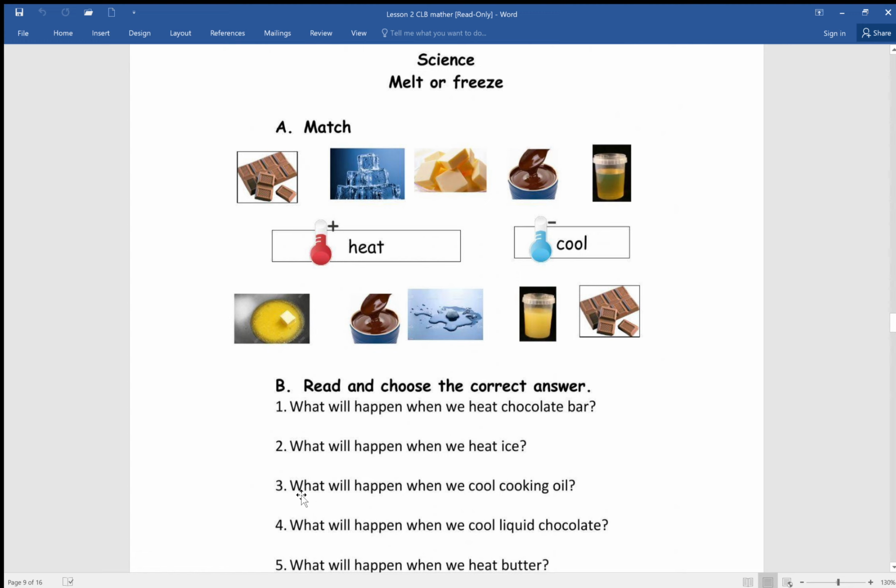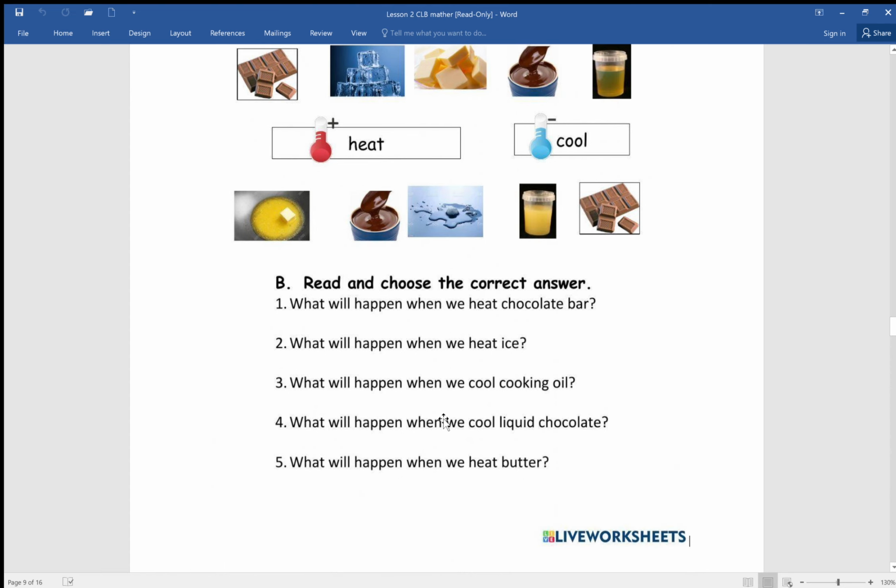What will happen if we cool cooking oil? Well, it stays the same. Cooking oil is like an exception, but I've never seen a solid cooking oil. But I think there is going to be technology that supports hard cooking oil. If I'm a bit wrong with this, sorry. This is how life usually works.